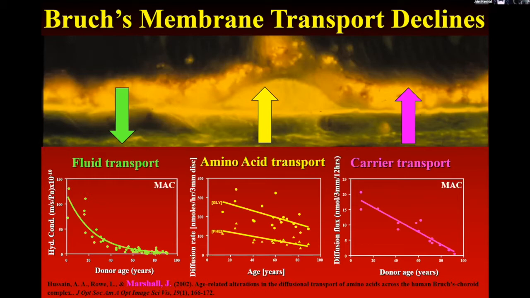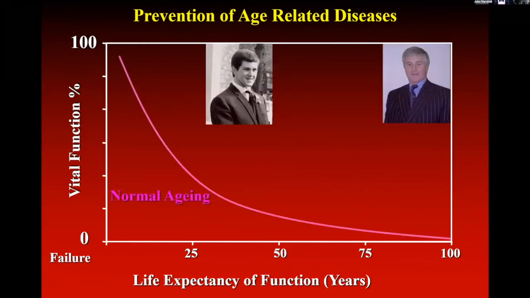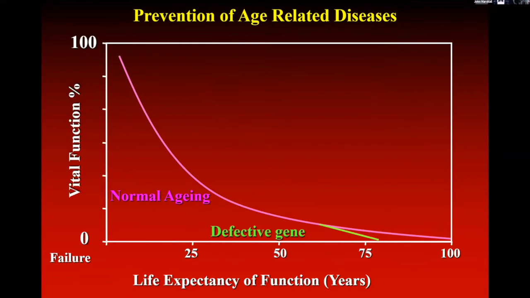So I had a very simple concept, and that was, as a function of aging, all cellular systems decline. They start very wonderful systems at 100%, and then as you get older, the function progressively declines. And if you're unlucky enough to have a defective gene, then the rate of decline may significantly increase.